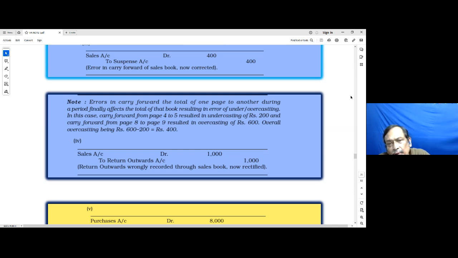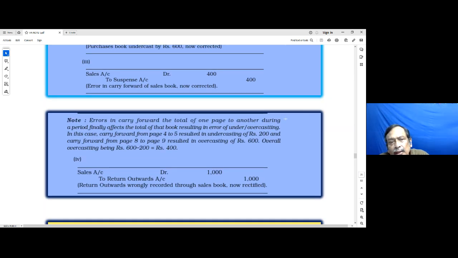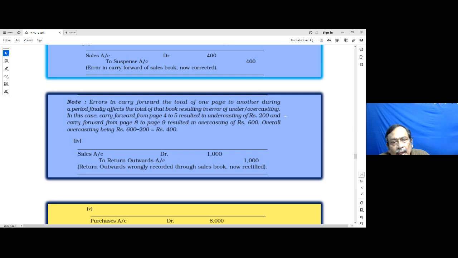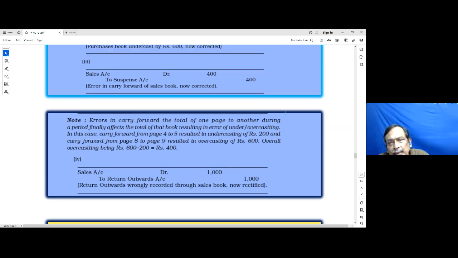Then overall overcasting being 600 minus 200, that is 400. Okay, and accordingly we have to adjust. Okay, so sales account debit 400 to suspense 400.